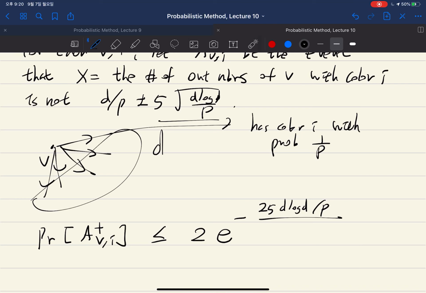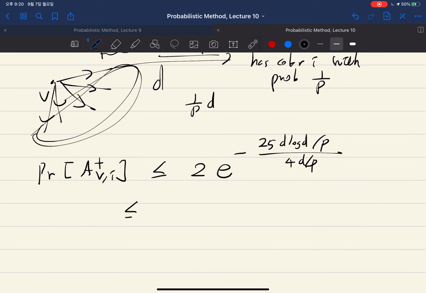What's pn? There is this 1 over p probability, and there are d random variables. So 4 times d over p, which is strictly smaller than 1 over d to the 4. Because d over p is large, this is roughly 2 times e to the negative, say, 6 log d. So this is smaller than that because d is sufficiently large.